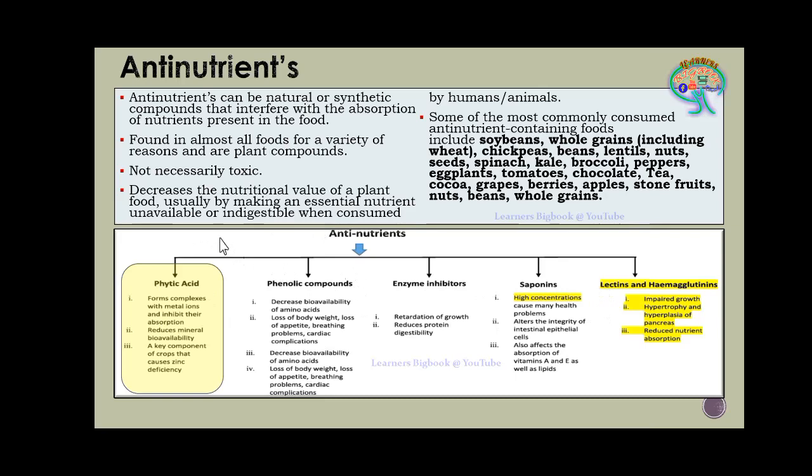Because of that, the nutrient is retained within the food which is getting digested, but the breaking down of that nutrient does not take place and it does not get absorbed. As we have discussed, we are going to estimate the phosphorus and phytic acid present in foods. So out of all these kinds of anti-nutrients, we are going to discuss phytic acid.